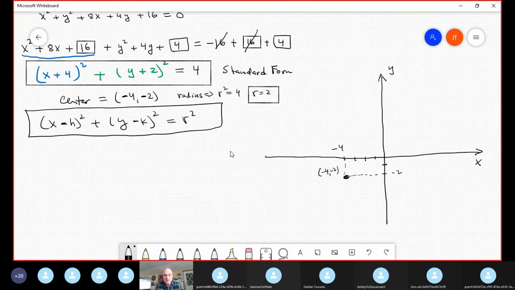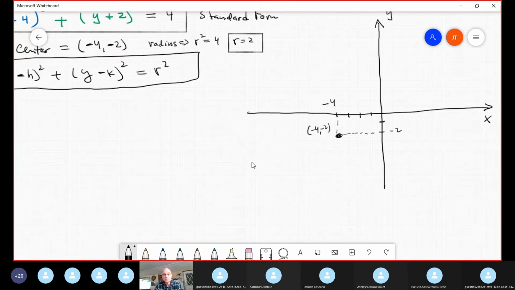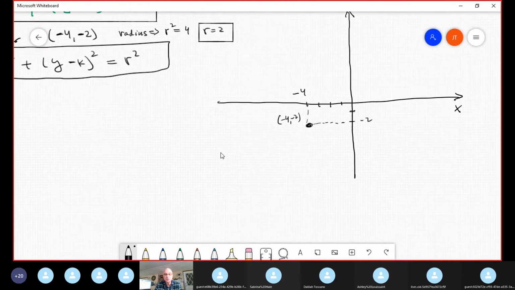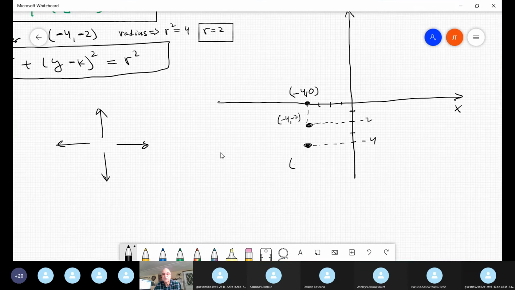Entonces, I need at least 4 extra points to do the graph. Entonces, I recommend, since the radius is 2, you move 2 in any direction: up, down, right, left, 2 units. When you move up 2, it's here, negative 4, 0. When you move down, 1, 2, we get another point here, que is the point negative 4, negative 4.